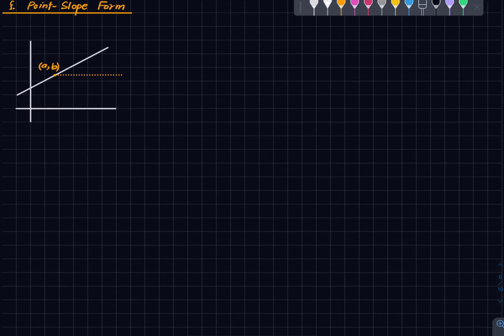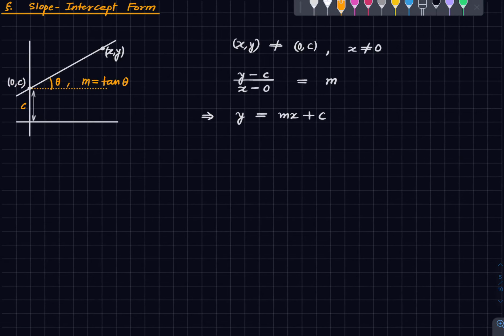Point slope form. This is very similar to the previous one. Here we are given a point through which the line passes, and we are also given the slope of the line. And assume that the line is not vertical. So even in the previous case, it doesn't make any sense to say if the line were vertical, then either there would be no intercept or the line would coincide with the y-axis.